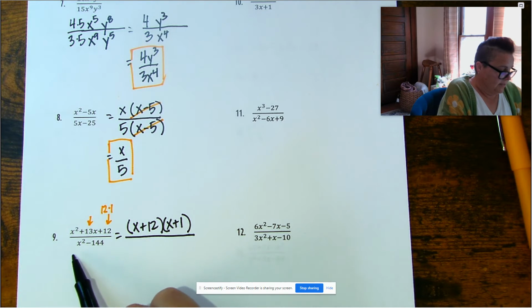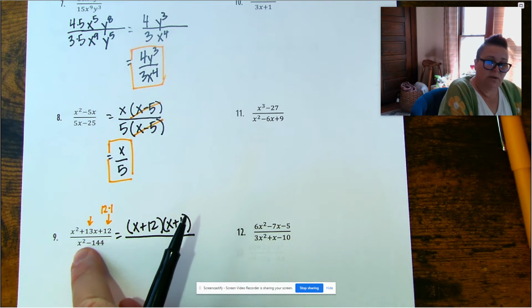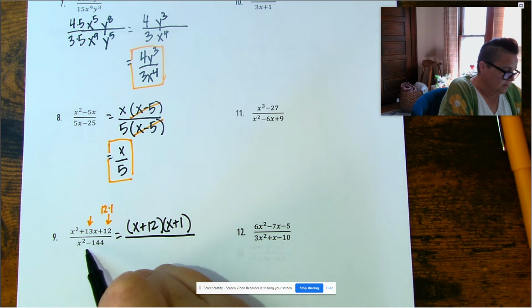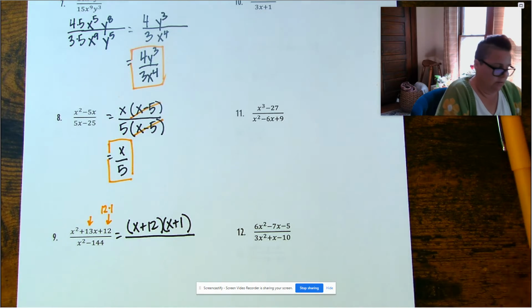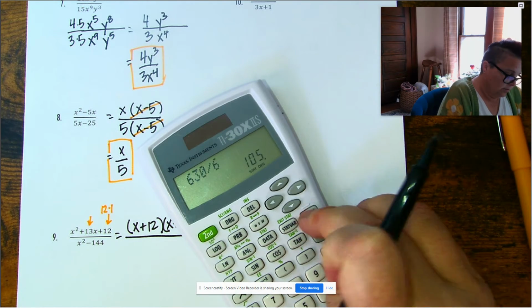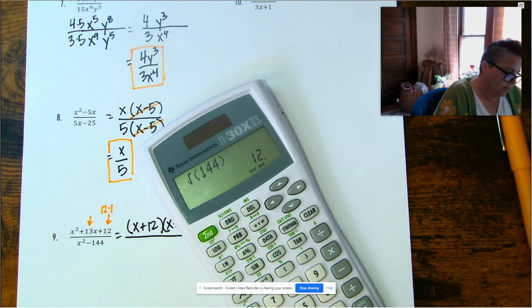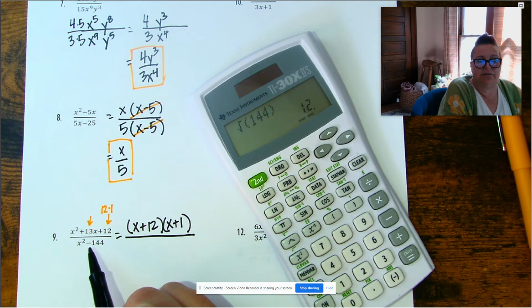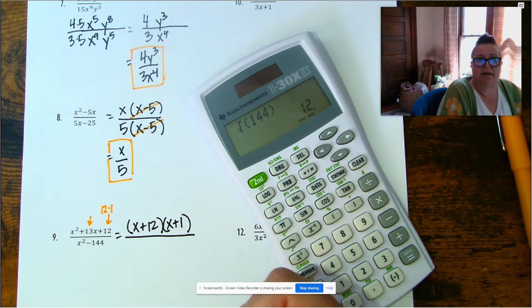All right. The denominator, we have x squared minus 144. This is two terms. It is quadratic. I need all of the strategies from chapter 6. So this is a difference. This is a squared. Is 144 a square? If you don't remember, you can do the square root of 144. Yes. So this problem is the difference of two squares. Do you recognize that pattern?